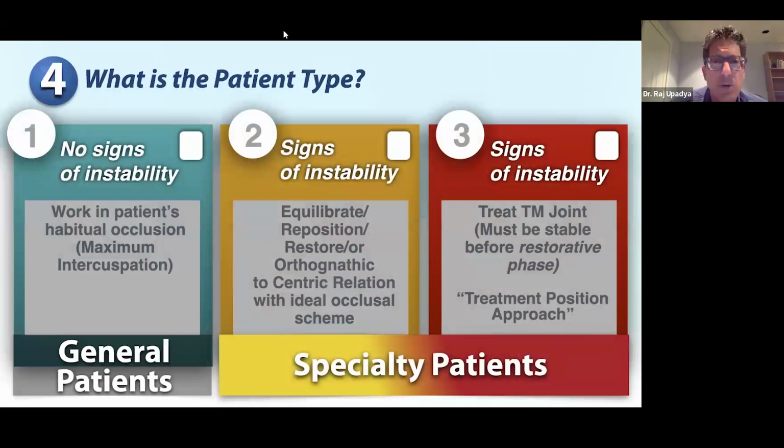And I do see that there is a question here, so I'm going to see how centric relation fits into the diagnosis and treatment of TMD and OSA. That's what I was just talking about here. We're always going to want to check to see, do we have a loadable joint? Is the condyle disc assembly intact?